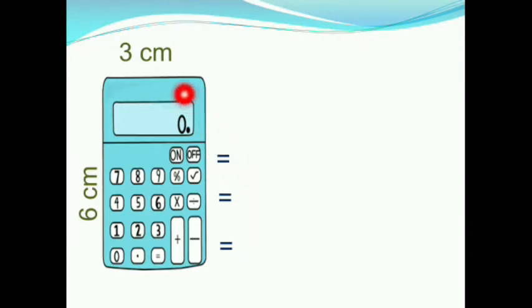Children, see this calculator. Which shape is this one? Yes, it is in rectangular shape. To find out the perimeter of a rectangle, which formula we can use? Yes, it is 2L plus 2B units.